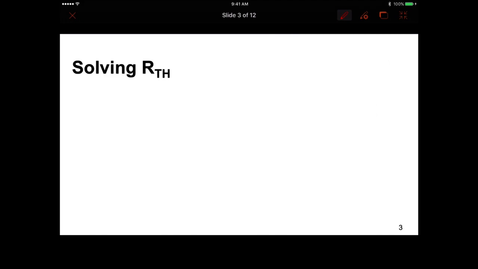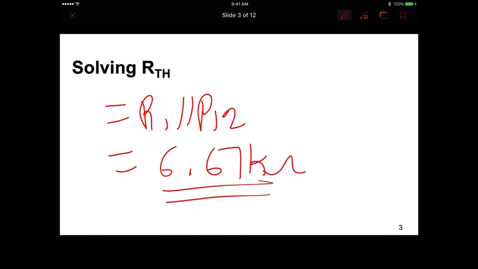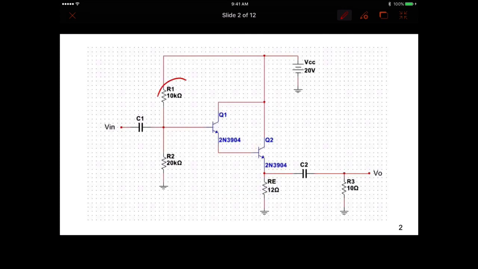So we do need RTH, R1 parallel with R2, as per usual, 6.67 k ohms, which is just those two in parallel.